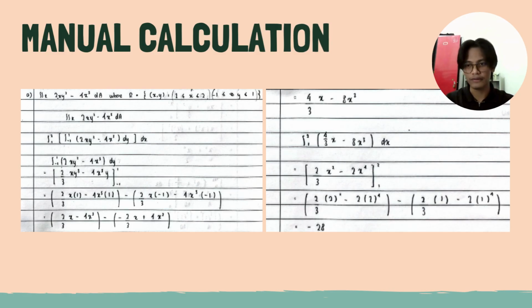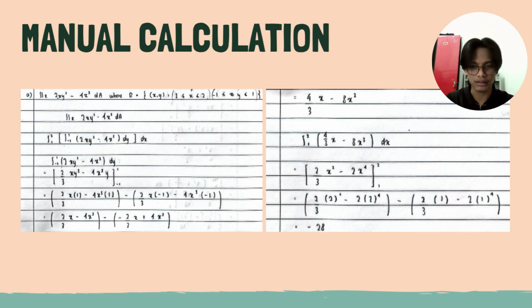So, the first step is we split the term using the subtraction rule, where we get 2xy squared dy minus 4x cubed dy. Then, we integrate it and we get the answer, which is 2 over 3 x y cubed minus 4x cubed y.